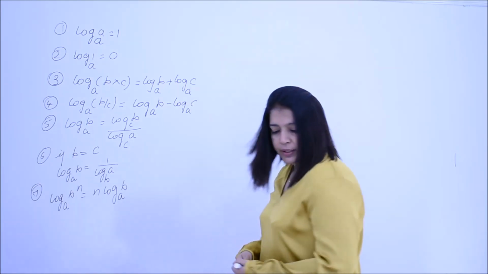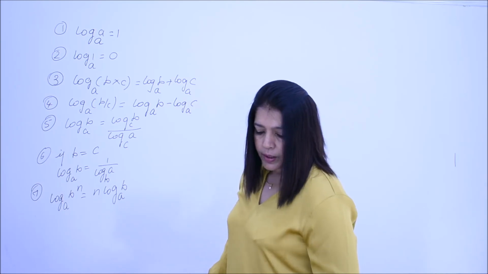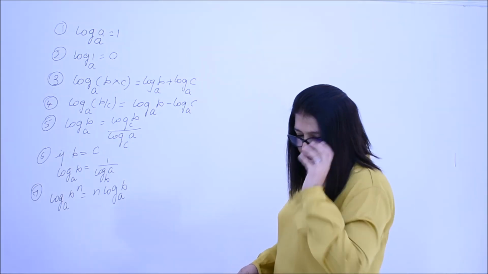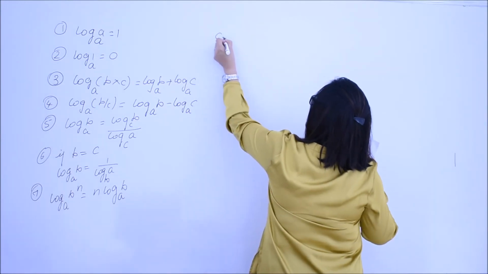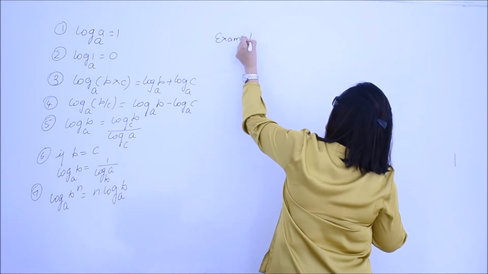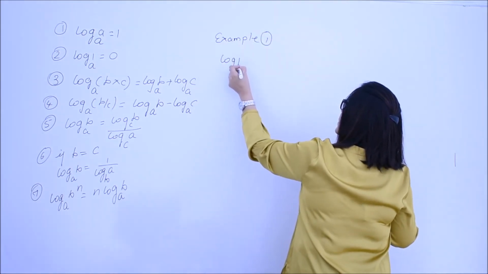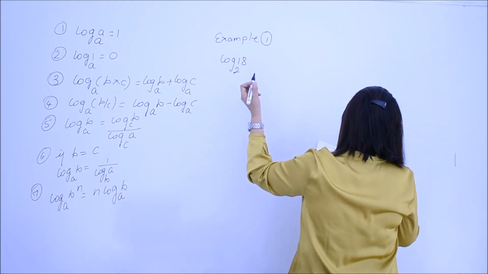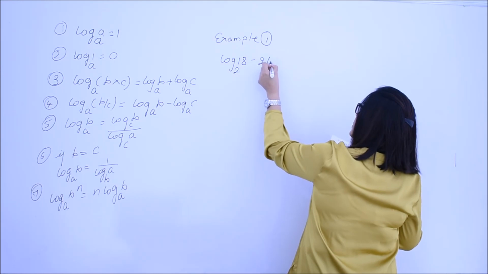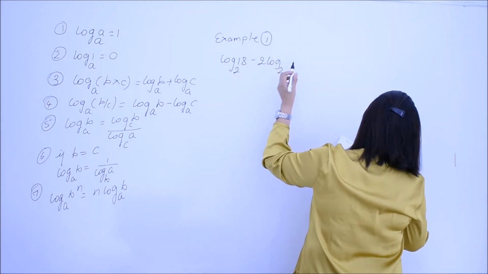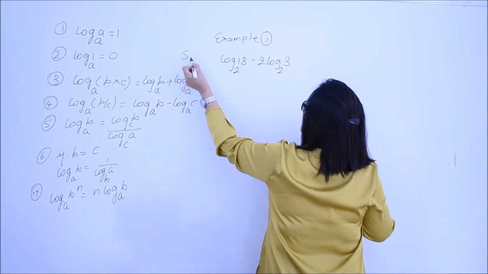So let's take first example, and example here is log to the base 2 of 18 minus 2 log to the base 2 of 3, and the question is solve.